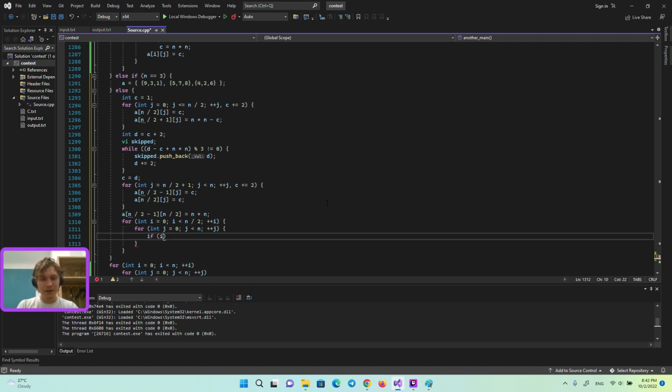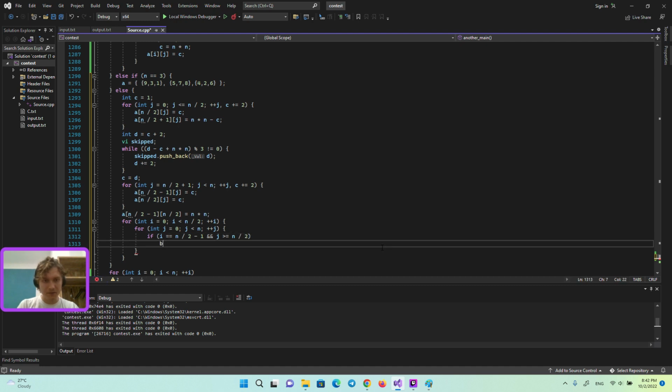So if i equals n halved minus 1 and j is at least n halved, then break.